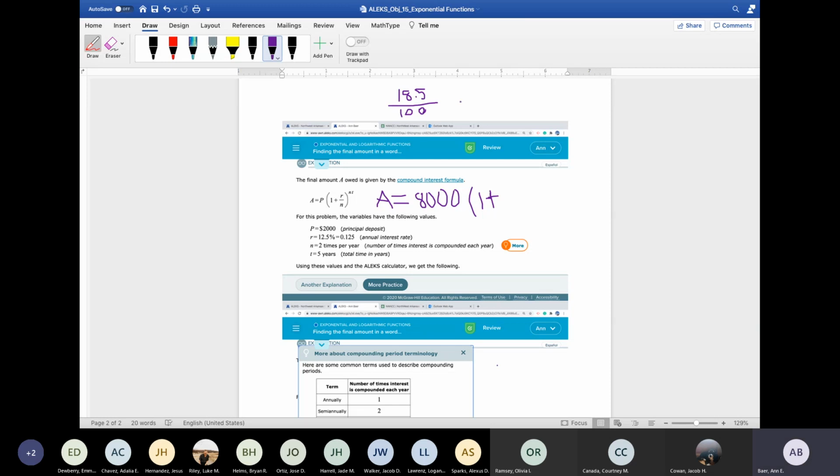Wouldn't it be 0.185? It's actually 0.185. This is 18.5 here. Did you include the point in it? It may be a little small. Yes, I did. Do you see? If you take 18.5, so what we were given, just to be clear, is we were given 18.5 in the problem percent.